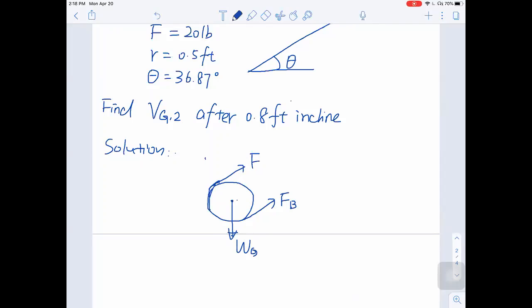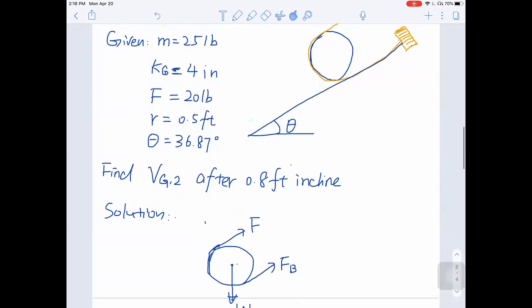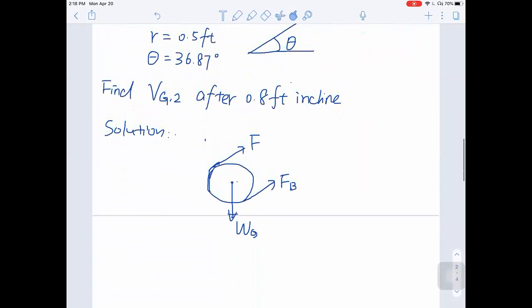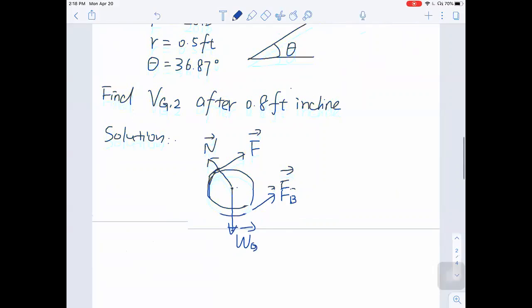It's also pulling the disk. Since the disk is sitting on a slope, the normal force has to be applied at an angle perpendicular to the surface. Those should be all the forces.